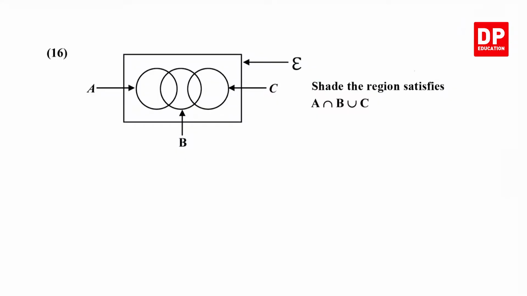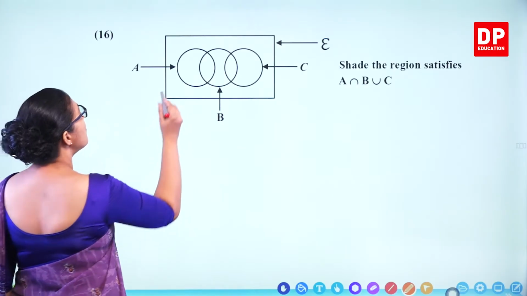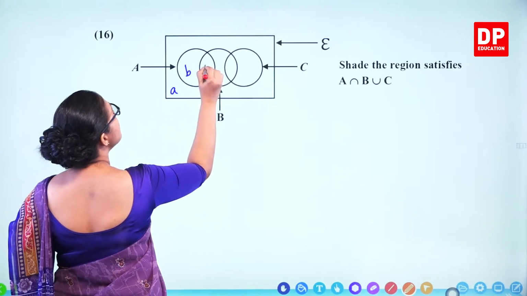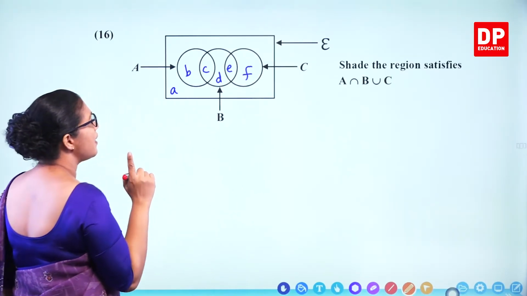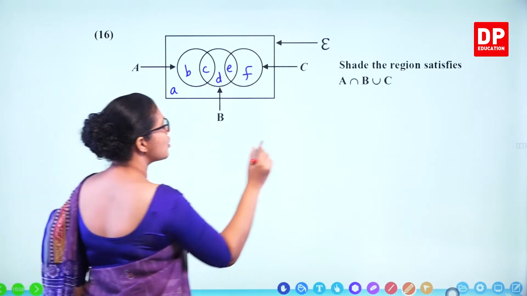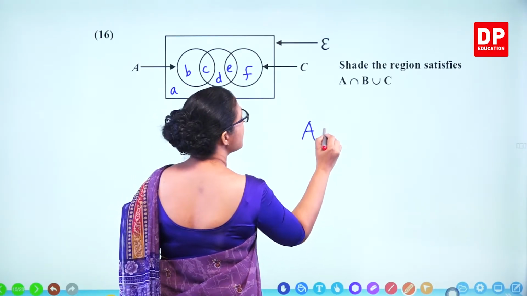Venn diagram question. Question number 16. Shade the region that satisfies A intersection B union C. So you can put regions A, B, C, D, E, F and identify. A intersection B. What's A?